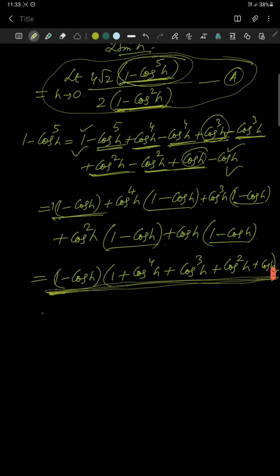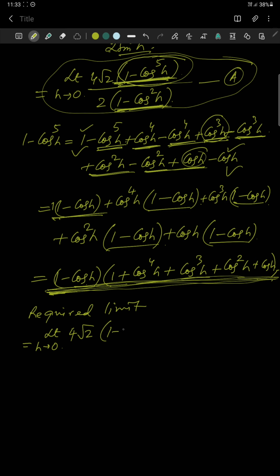So our required limit is equal to limit h tending to 0 4 root 2, and in place of this 1 minus cos 5h, we can write this whole thing.